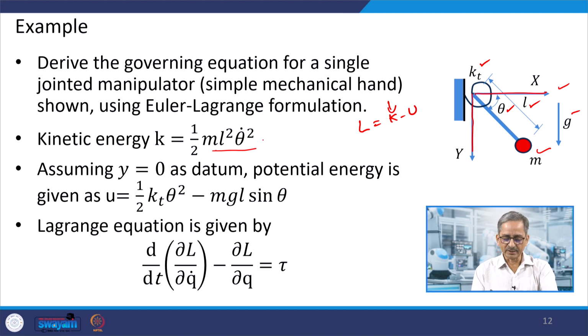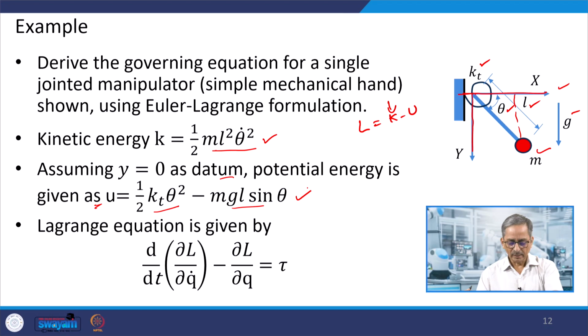If we assume y equal to 0 is my datum, the potential energy will be given as half kT theta square. This is the potential energy stored in the spring, and minus this, the distance is going to be L sin theta. So, it will be mgh basically, and that h is going to be L sin theta.